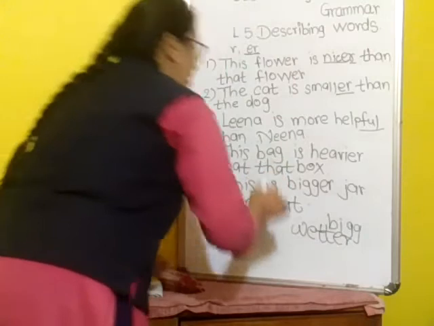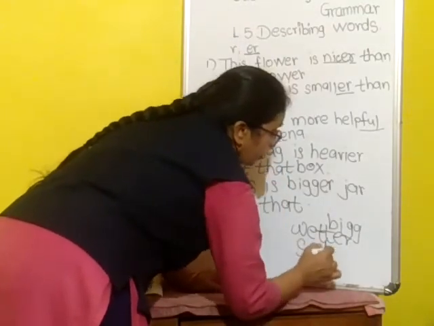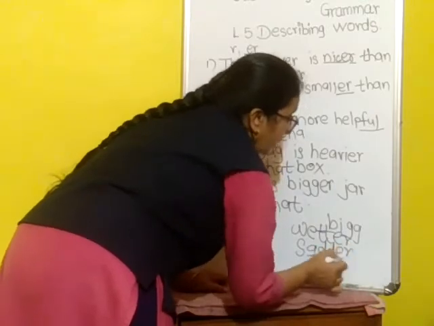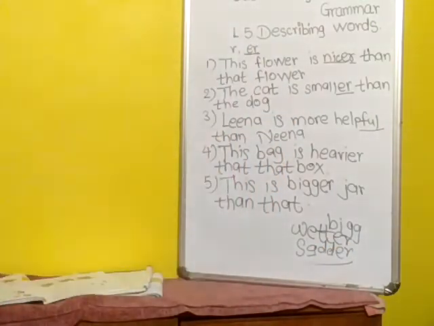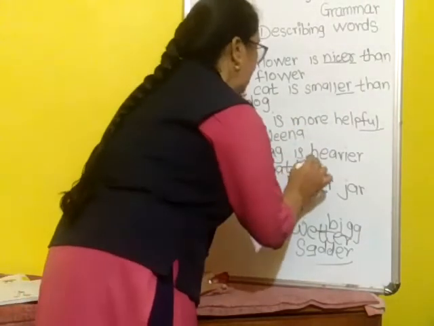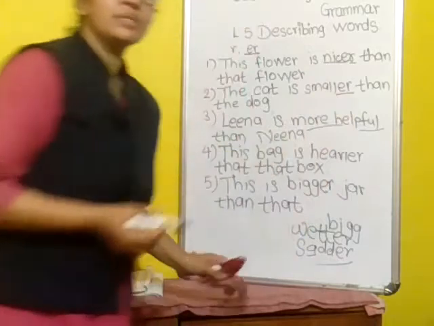And next is sadder, s-a-d. So there is a, so double d-e-r. In this way you can compare these words. Understood? Also you can say more, for example more difficult.